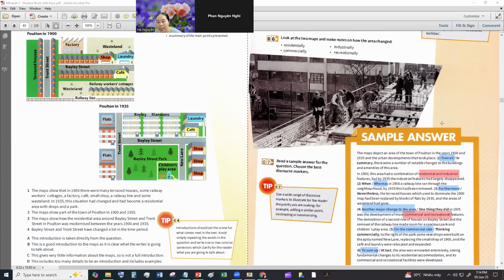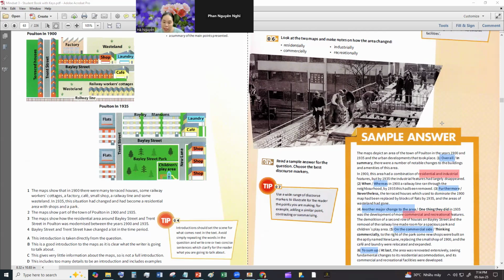Okay, as for exercise 7, you will pay attention to the discourse markers, because when you use a wide range of discourse markers to illustrate the points you are making, your writing will be more cohesive. And that is one category for marking your writing.